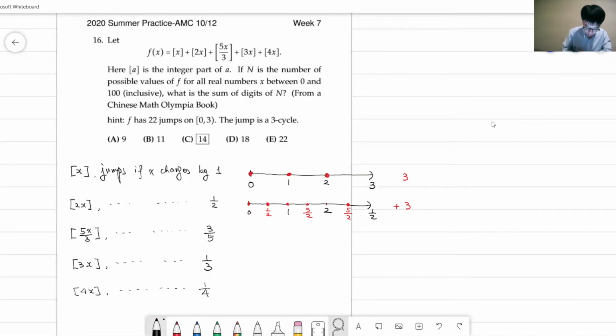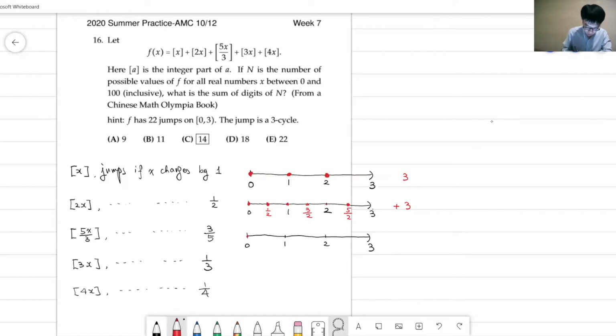Okay. Next, let's do 5x over 3. Okay, here should be 3, 1, 2, 0 here. So a multiple of 3/5, right? So here we have the following points.